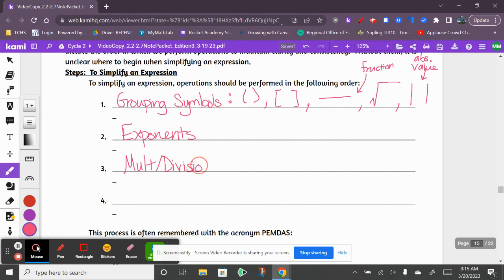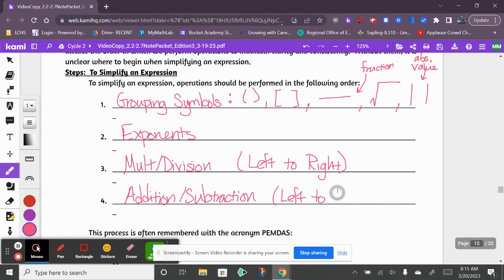Now, something that I want to point out is when you do this, you're going to decide whether multiplication or division comes first by looking at left to right. So it's not that multiplication always comes before division. It's out of the two, which one comes first from left to right. And the same goes for addition and subtraction. You will again work from left to right with this.